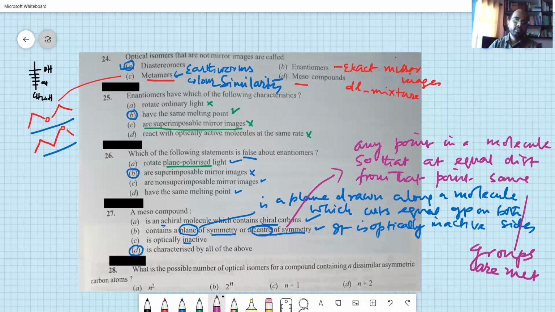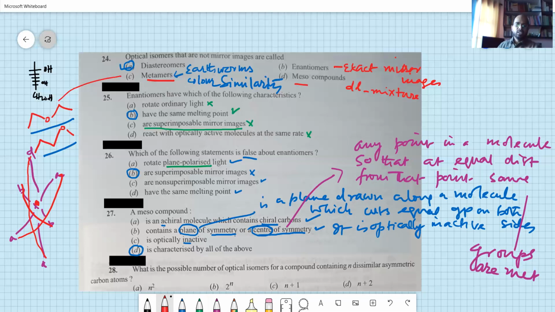So it will be something like this. Center molecule. So here you'll have A, and here also you'll have A. And here if you have B, here also you have B. And here if you have D, here also you have D. These things are quite opposite. This is a center point, and this is quite opposite, and this is quite opposite. If you change these groups, they are not symmetrical.